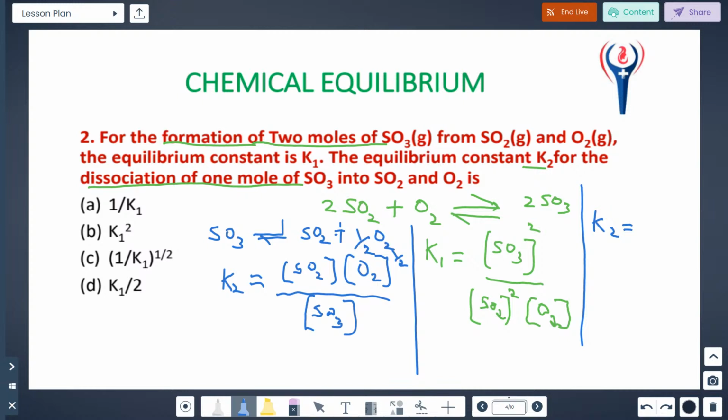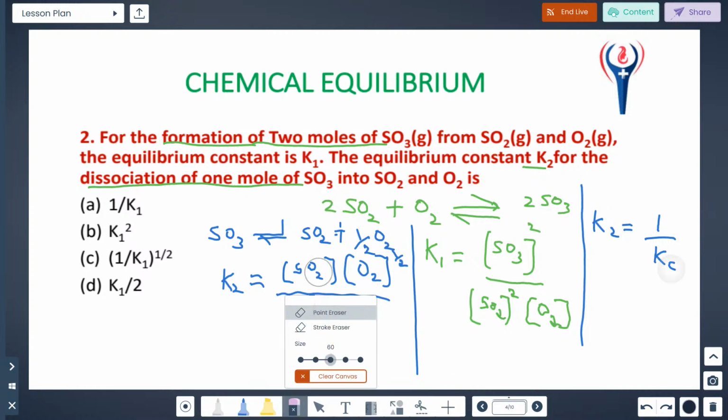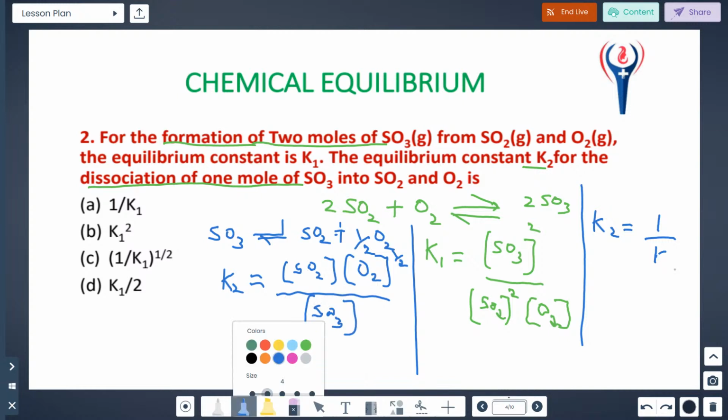Here SO2 is in the numerator, there SO2 is in the denominator. Both are inversely proportional. Therefore K2 is equal to 1 by K1.